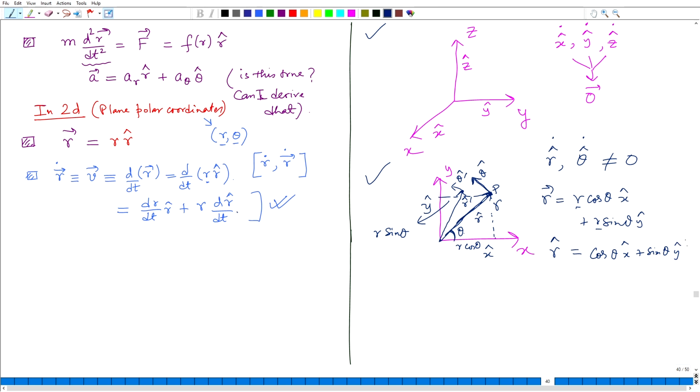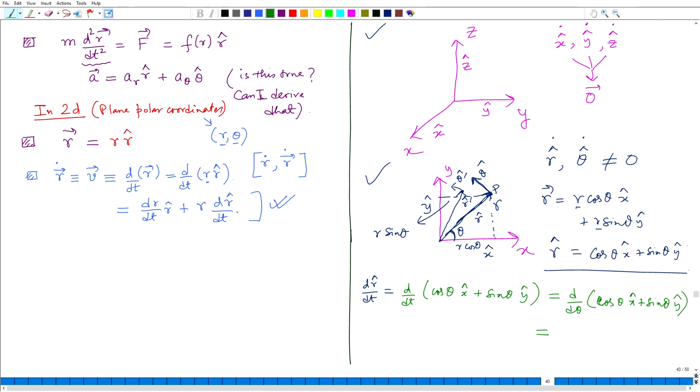Now, what is dr cap dt? I now have to take the d/dt of this expression. So, dr cap dt will be d/dt of cos theta x cap plus sin theta y cap, which is nothing but d/d theta of this thing, cos theta x cap plus sin theta y cap, because you see this is a function of theta and theta is a function of t.